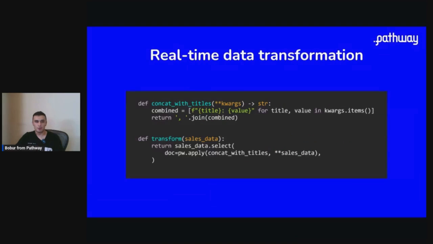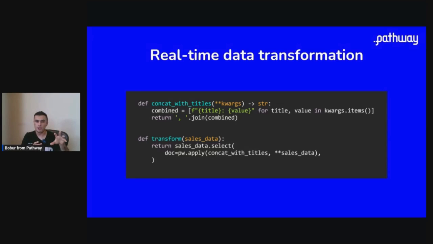One of the great features Pathway provides is real-time data transformation. Once we loaded our documents into our table, we can transform these tables into any sort of form. Pathway also natively supports transformers like pathway.apply.